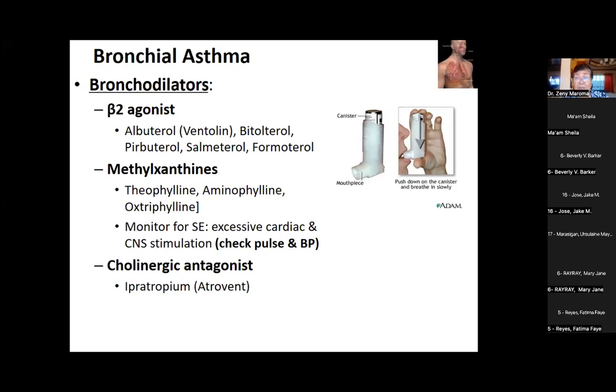And stimulation of beta-2 adrenergic receptors will lead to bronchial relaxation, bronchial dilation. It will directly relax the smooth muscles. Example ng mga gamot, albuterol or Ventolin, bitolterol, pirbuterol, salmeterol.